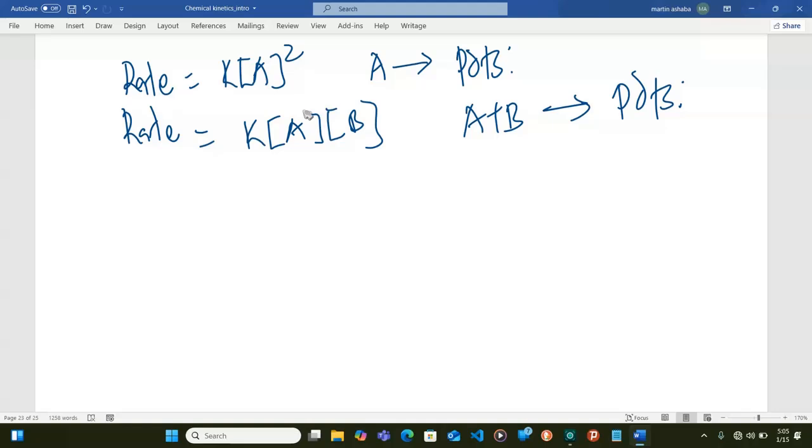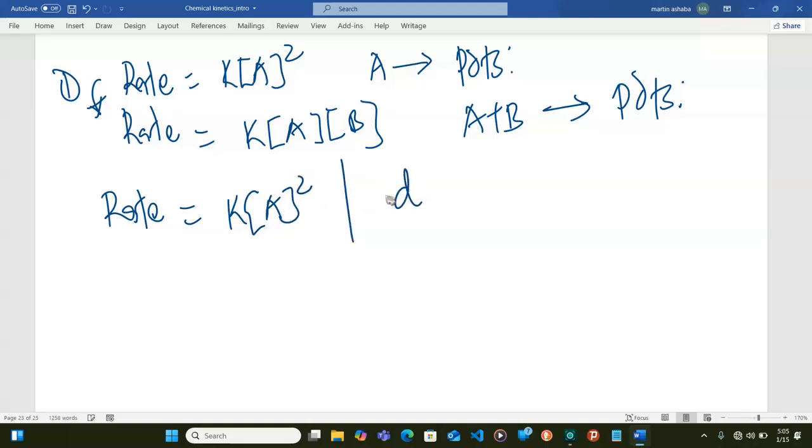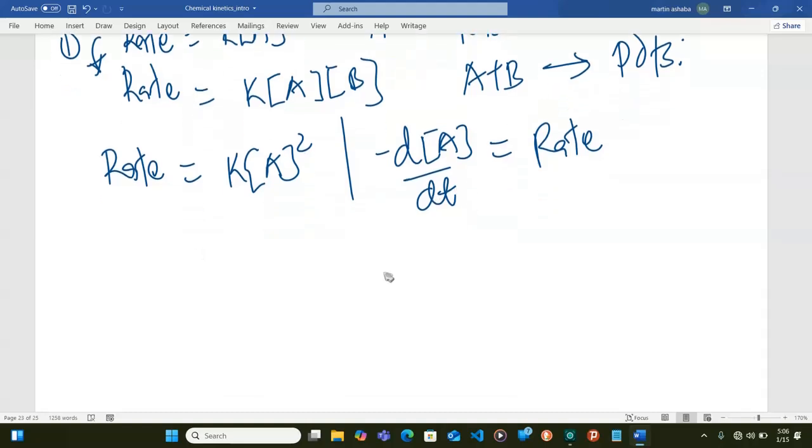So what we're going to do, we are going to consider 1 for simplicity. So we are going to take rate equal to k times the concentration of A squared, but we also know that negative d[A]/dt is also equal to rate. So if I equate the 2, then negative d[A]/dt should give me k[A]^2.